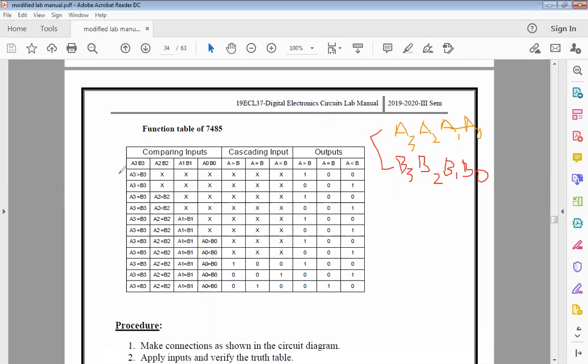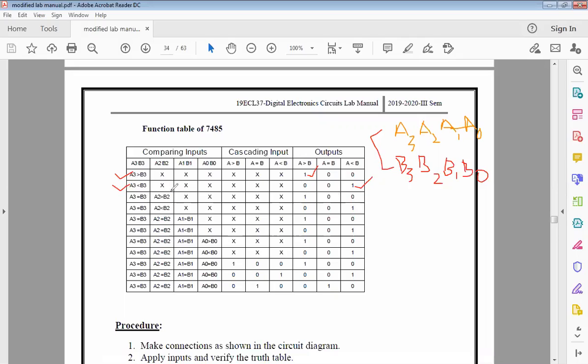Since A3 is greater than B3, what is going to happen? A is greater than B, right? So we get this. Now let's assume A3 is less than B3. Then I will have A less than B.